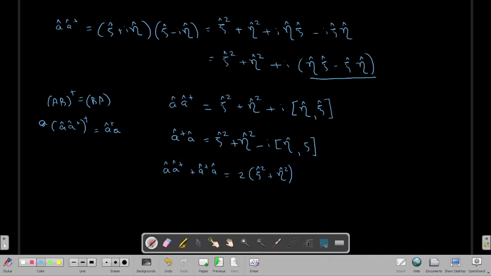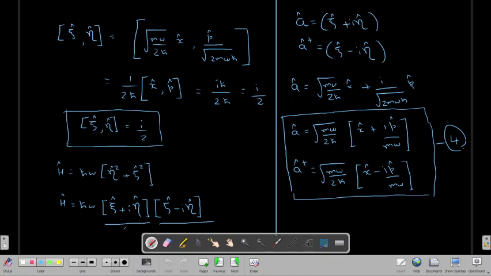And so you can find now that xi square plus eta square is equal to A into A dagger plus A dagger into A divided by 2. Now you remember this expression where we have written H as h cut omega into eta square plus xi square, and now we have found the value of eta square plus xi square in terms of A and A dagger.